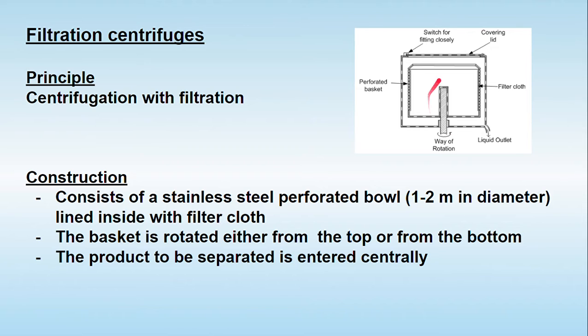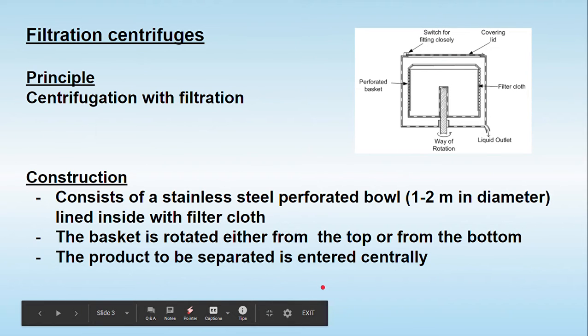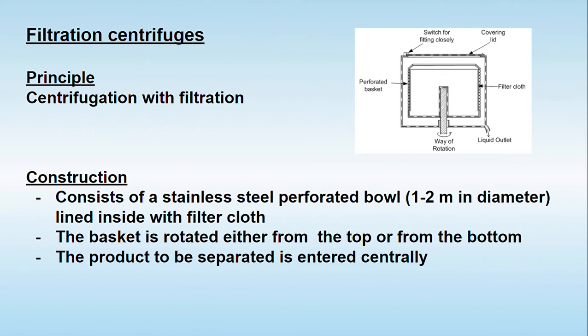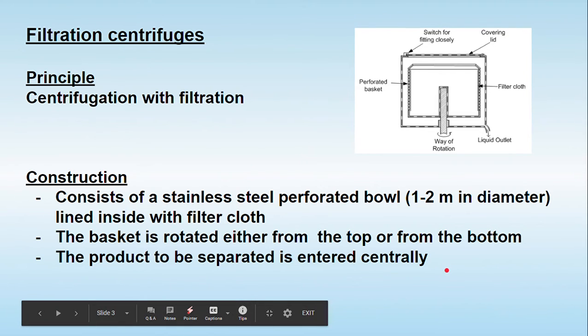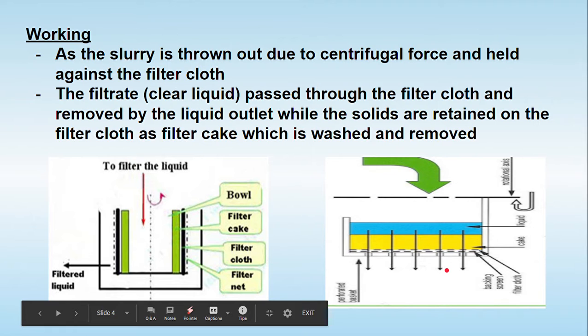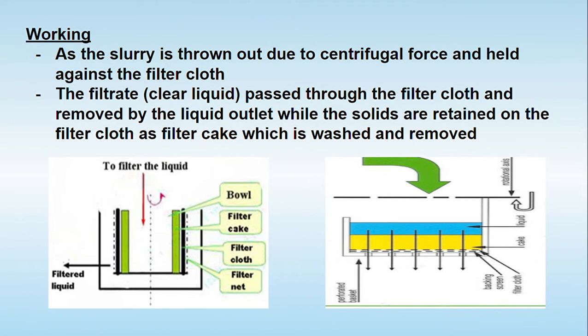This entire unit is either driven, in this case it is shown bottom driven, but in some cases it is also driven from the top, so it can be driven either from the top or the bottom. The product, meaning the slurry from which we want to separate the solids from the liquid, is to be entered centrally.